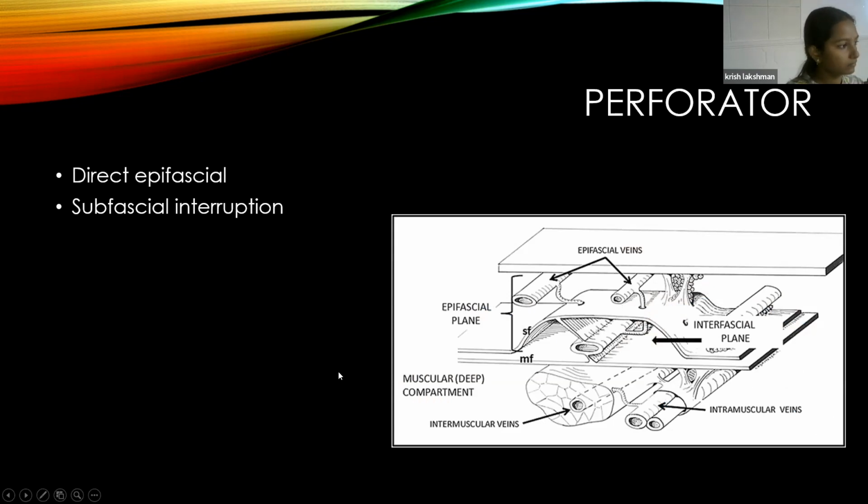So ultrasound, what we call the epifascial or the subfascial, depends upon which is incompetent.